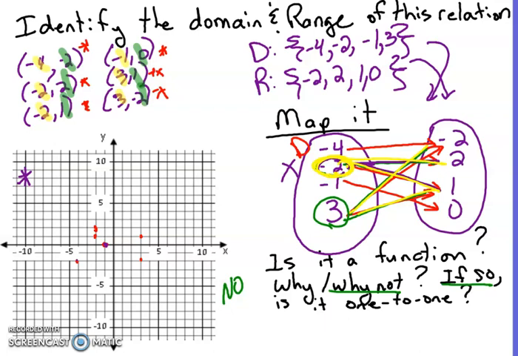But here's an easy way to tell. Notice at -2, if you draw a vertical line, it crosses at 2 different points. Same thing with x = 3. If you draw a vertical line, it crosses at 2 different points, and that means it's not a function.